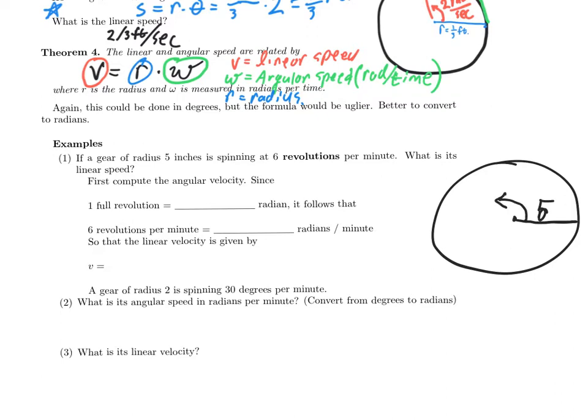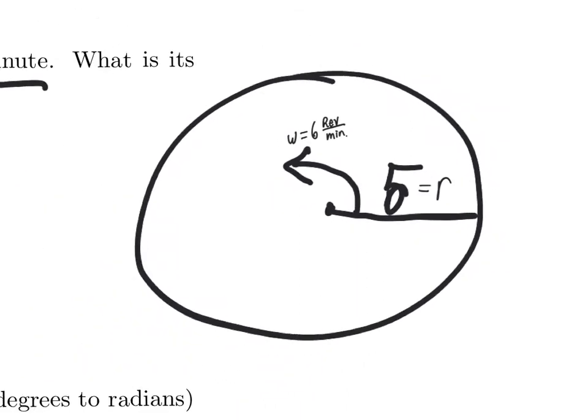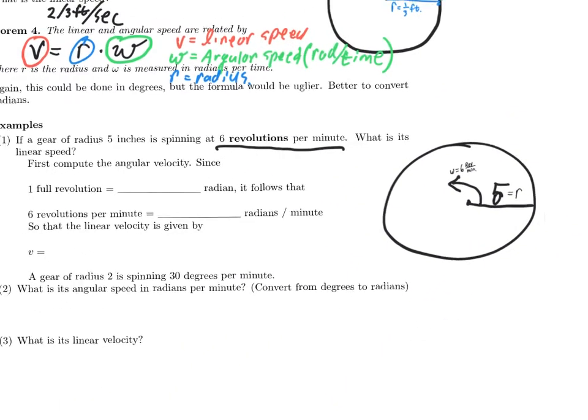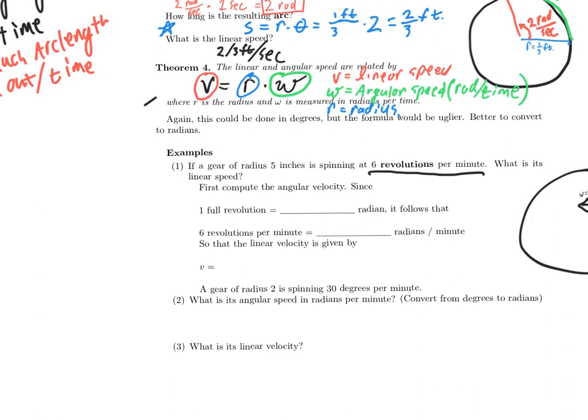It's spinning at 6 revolutions per minute. So that 5 is the radius. Omega is 6 revolutions per minute. So it's not in radians. We'll have to convert. We want to know the linear speed. Well, we have a formula. We have this formula.